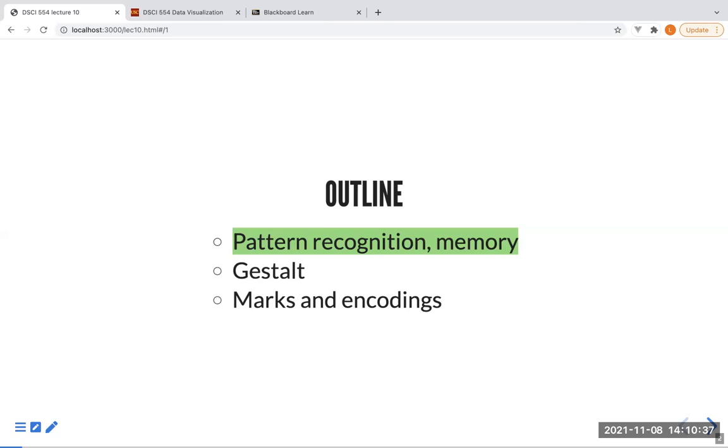The last part is more of a theory on some of the things that we've seen last week, in particular in the grammars.